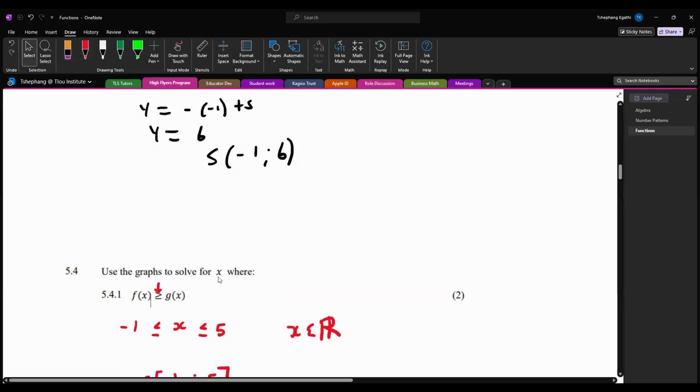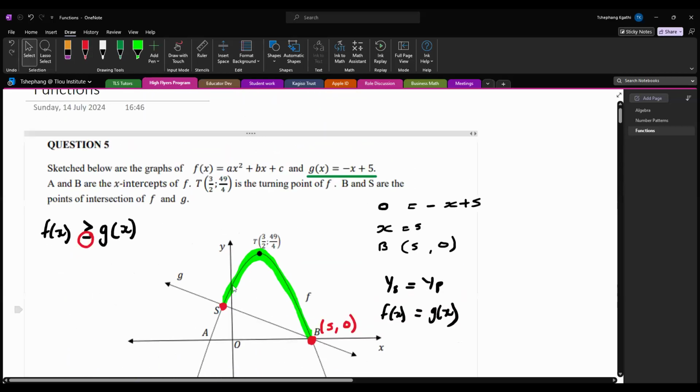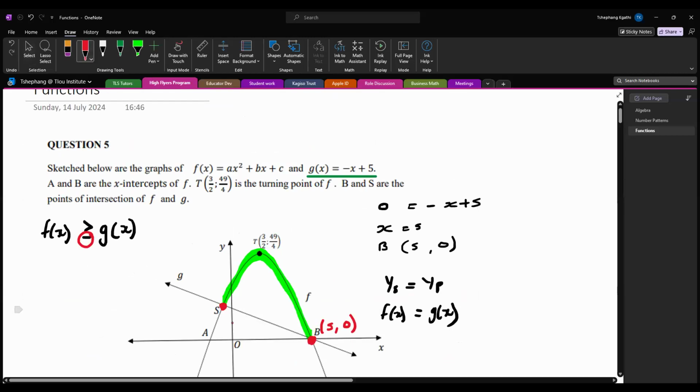Now, what we're going to try and do is check our graphs, right? Where is f of x on top of g of x, right? And what we're going to do is we're simply going to highlight that region. Right.